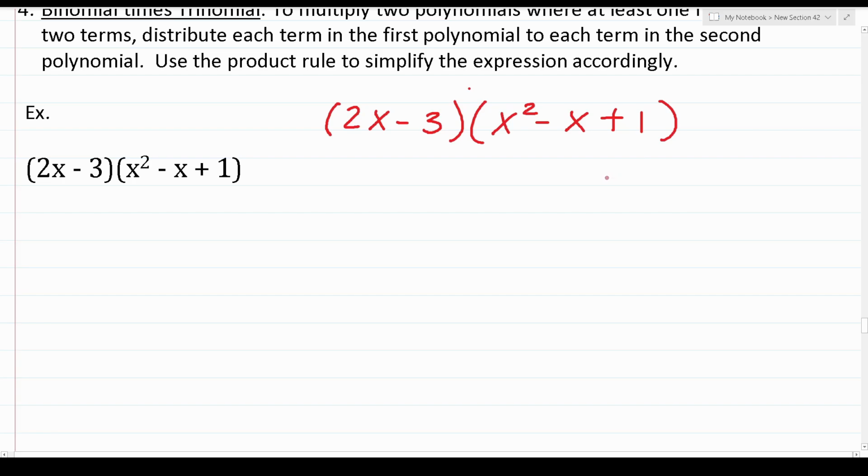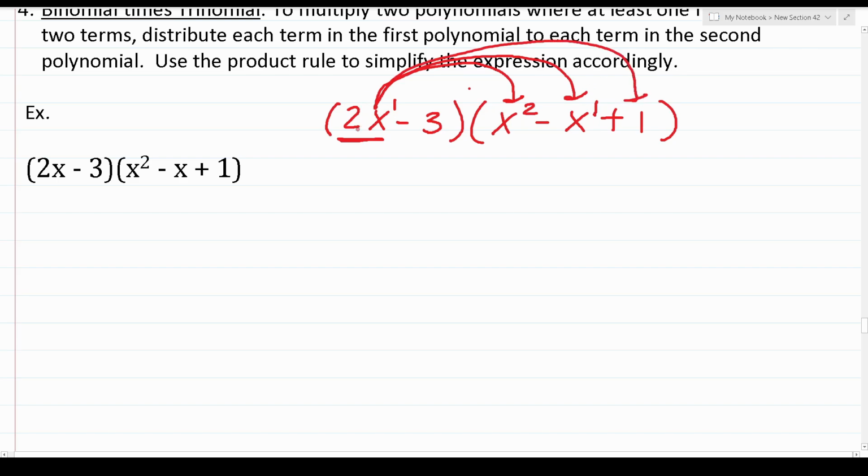Again, we're going to use the distributive property to work this one out. And this is the last time I'm going to do this in the video. If it's helpful, you can go ahead and express those exponents of 1. So we'll have an exponent of 1 here and an exponent of 1 here. And again, according to the distributive property, we're going to take this first term, notably 2x, and we're going to multiply it here, here, and finally here.